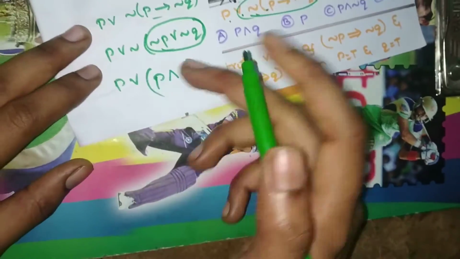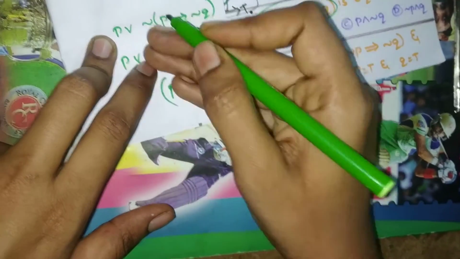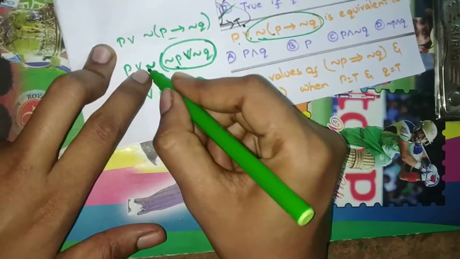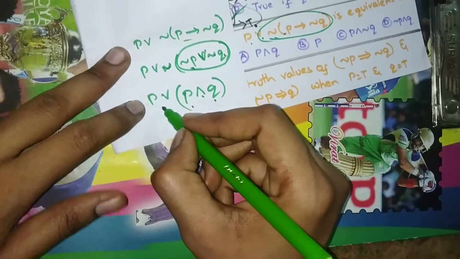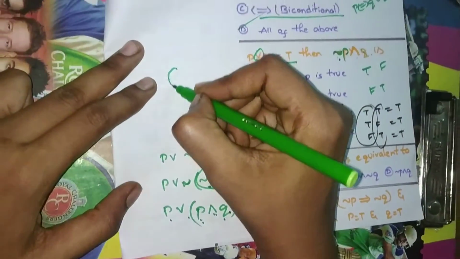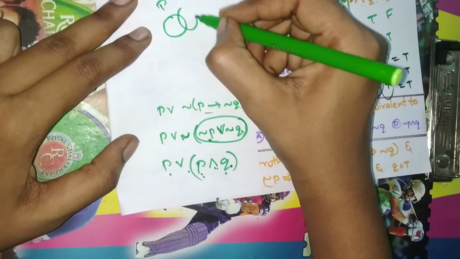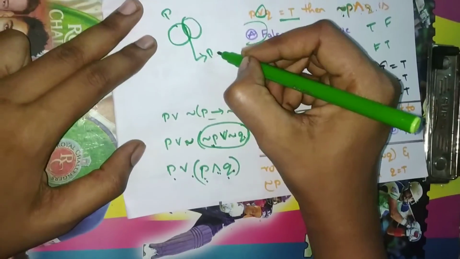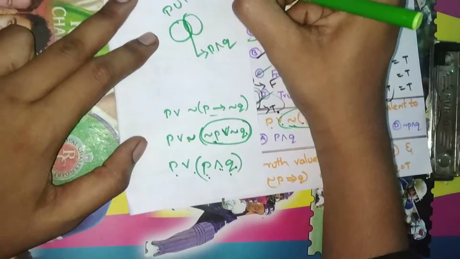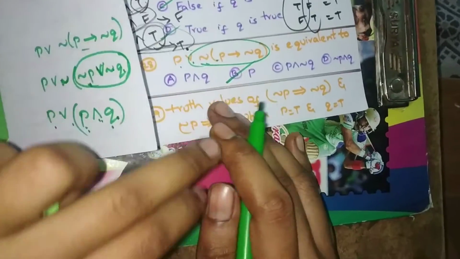Because negation is there, now apply it. Negation of negation P will become P, union will become and, and negation of negation Q will become Q. Now P union P intersection Q. This is P, and this is P intersection Q. P union P intersection Q will give P. So the second option is the correct option.